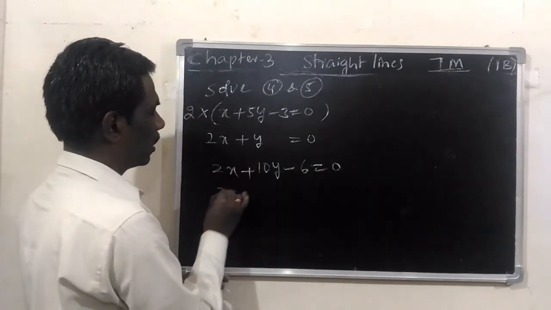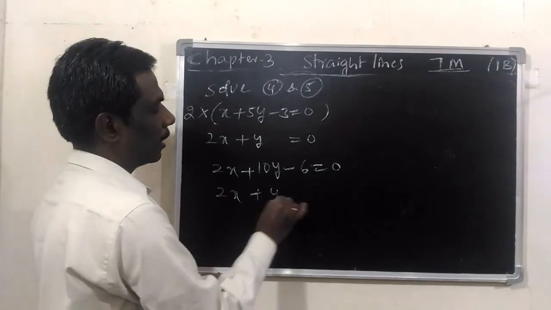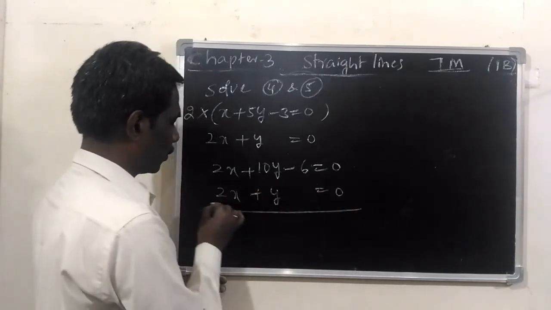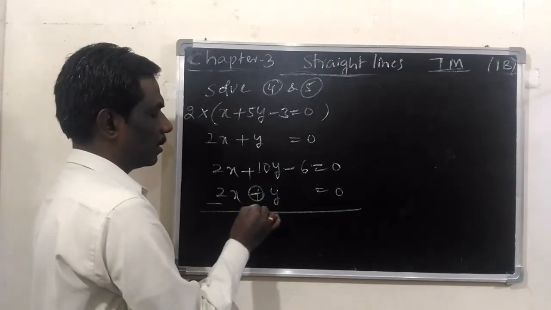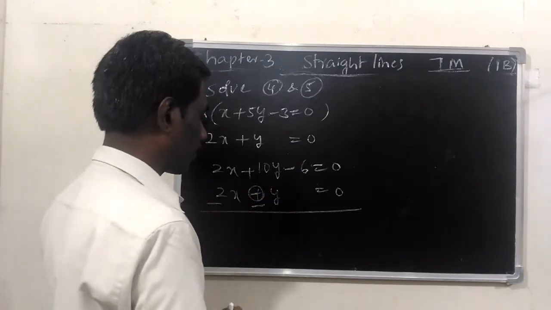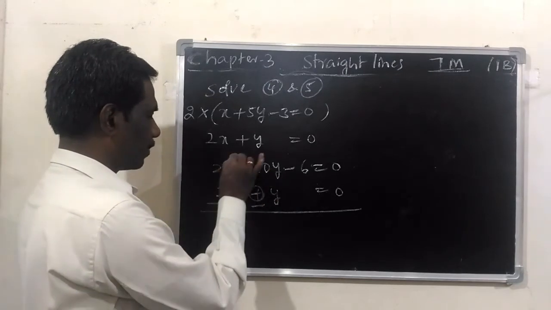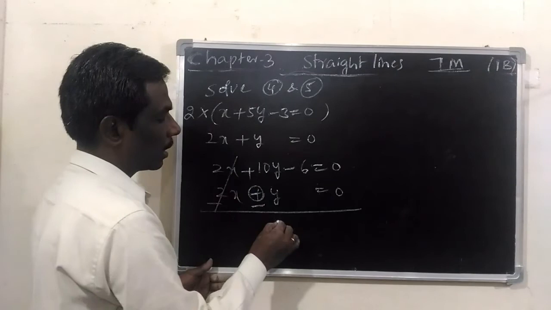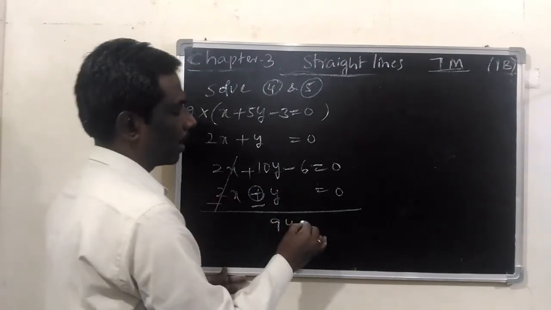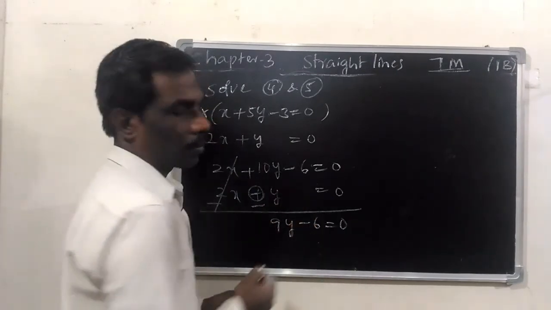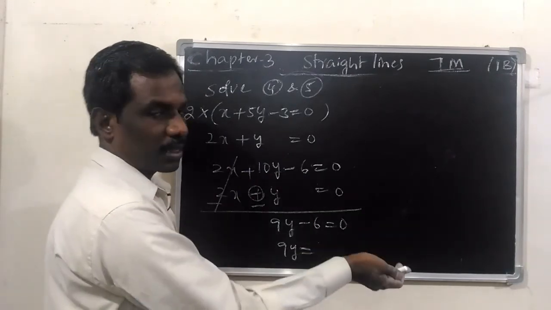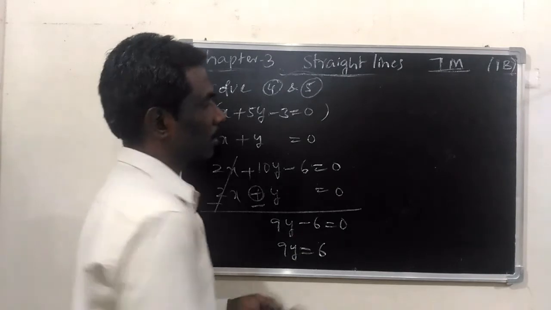And the fifth equation is 2x plus y equal to 0. Now change the symbols, this plus symbol changes into minus. So 2x minus 2x gets cancelled. 10y minus y is 9y, minus 6 equal to 0. Right, 9y is equal to minus 6, take to the right side, that is a plus 6.